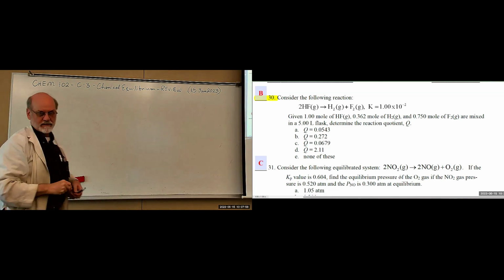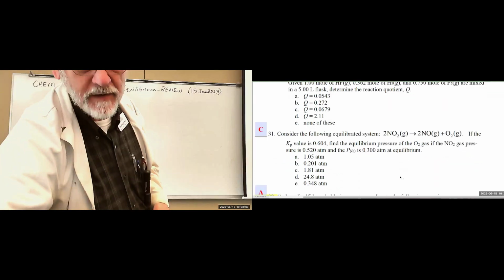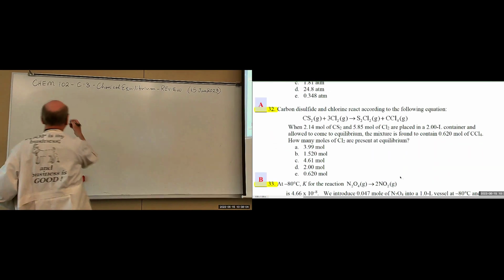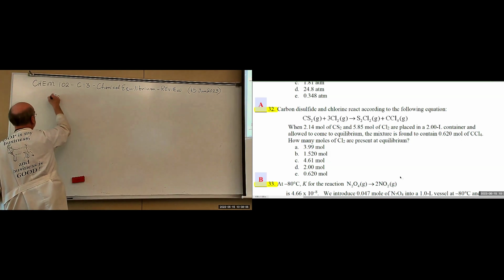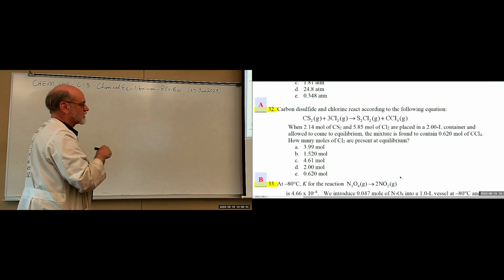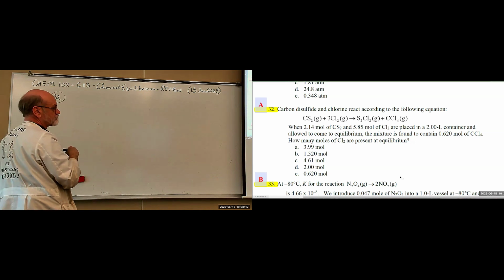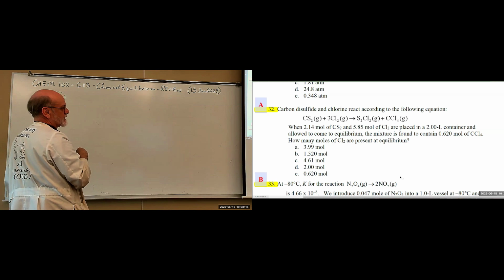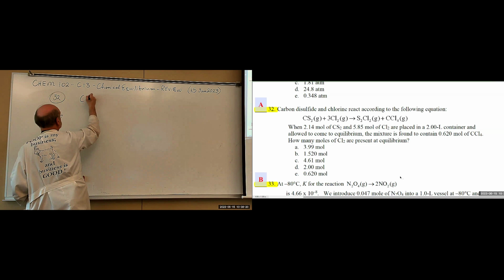It's 32. The carbon disulfide and chlorine react according to the following equation. Let's go ahead and write it.